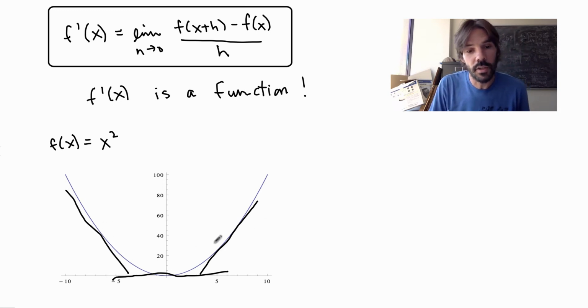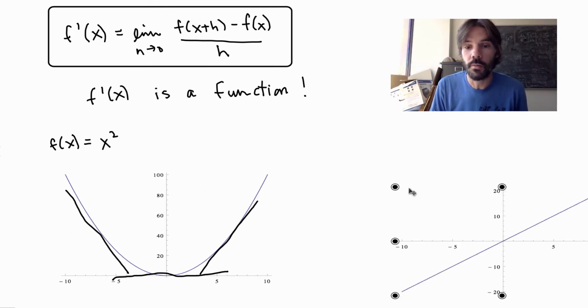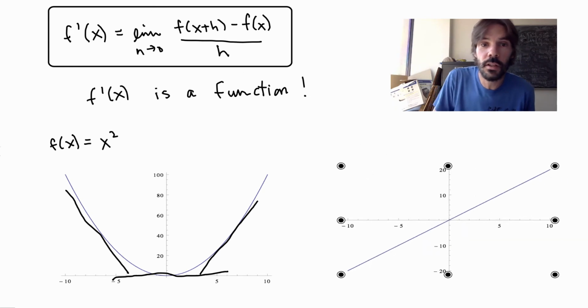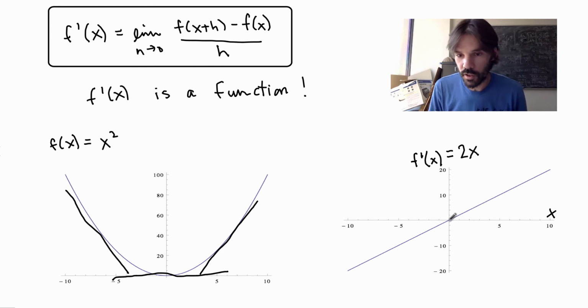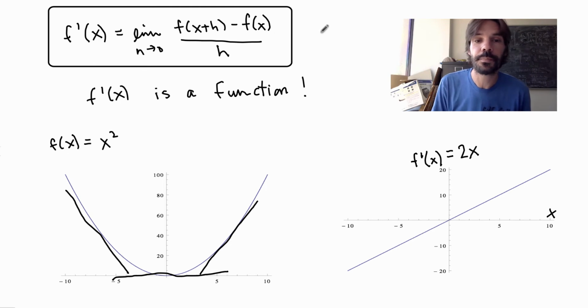And if I put these slopes all together, I'll get a new function, which is in fact the graph of the function f prime of x as a function of x. In this case, it turns out that f prime of x will just be the function 2 times x. So you see it makes sense. At x equals 0, the function is 0, which is correct because the slope of the tangent line is 0. For any positive x, the slope is going to be positive, which is what happens. And for any negative x, the slope is going to be negative.